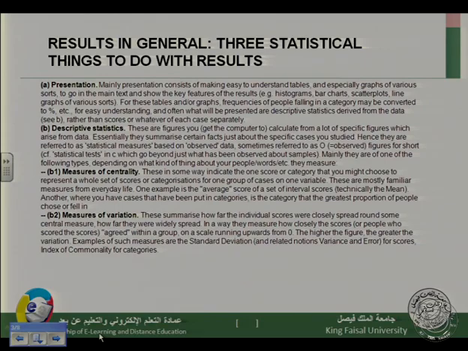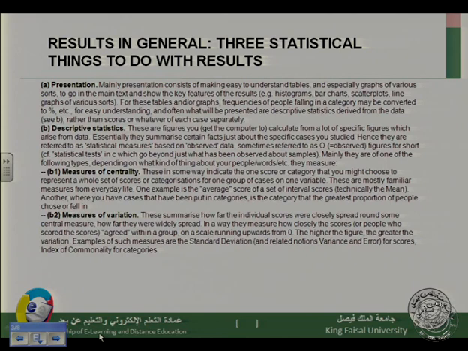For these tables or graphs, frequencies of people falling in a category may be converted to percentages for easy understanding, and often what will be presented are descriptive statistics derived from the data rather than scores of each case separately. So what does that mean?